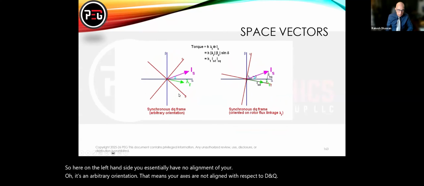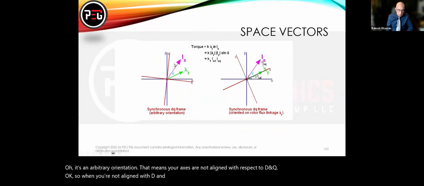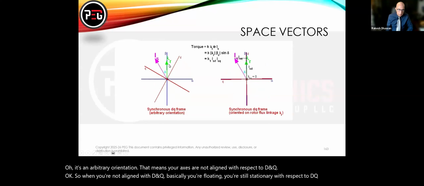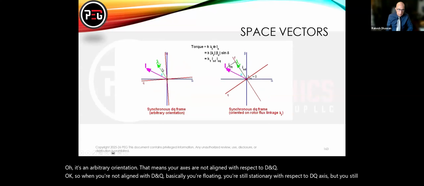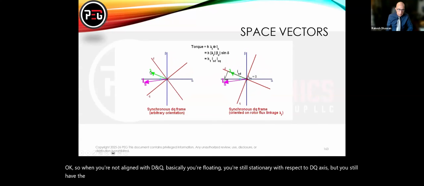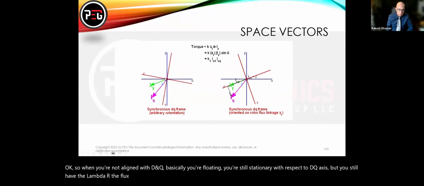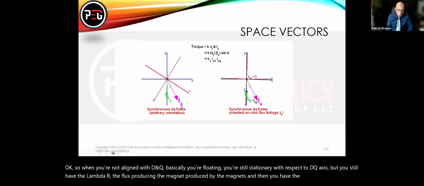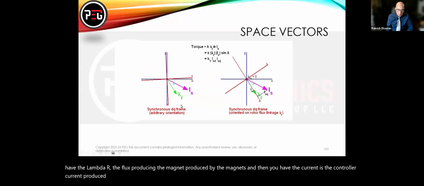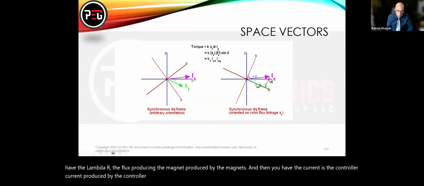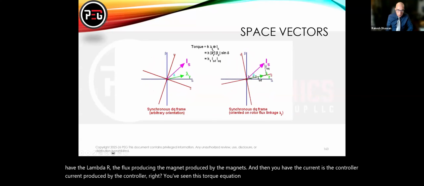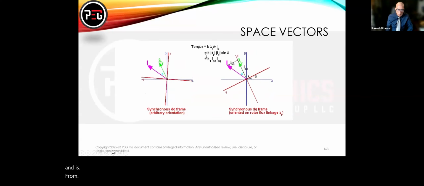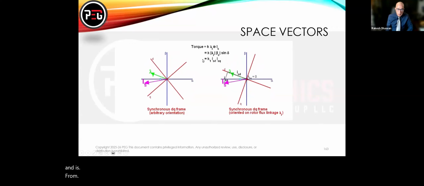So when you're not aligned with D and Q, basically you're floating, you're still stationary with respect to the DQ axis, but you still have lambda R, the flux produced by the magnets, and then you have the current. IS is the current produced by the controller, right? We've seen this torque equation, which is a cross product between lambda R and IS, from our first fundamentals.